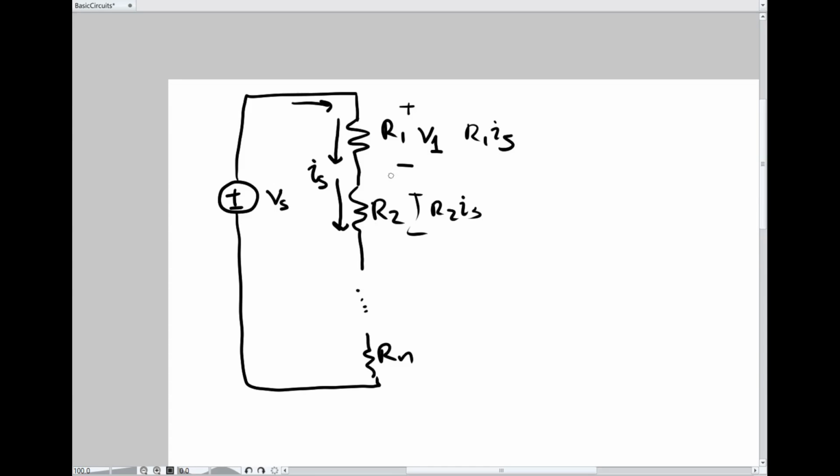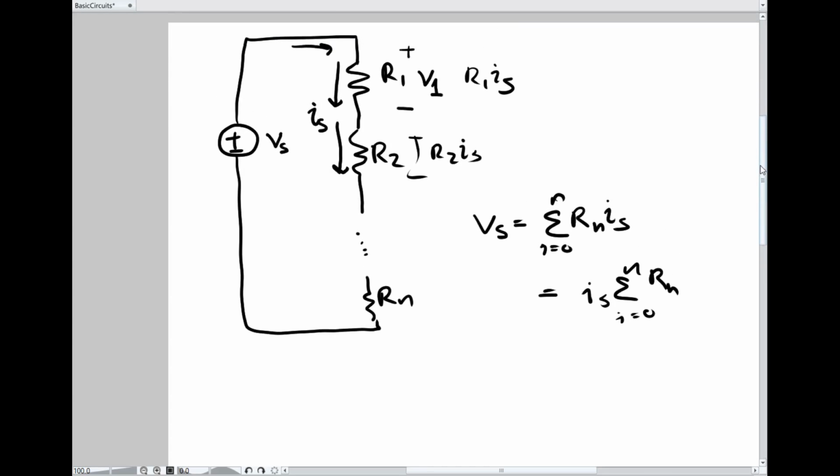And so the voltage across the entire thing, V source, is equal to the sum of all of these individual voltages, which is the sum of Rn times I source, which is equal to I source times the sum of all of these Rn's.